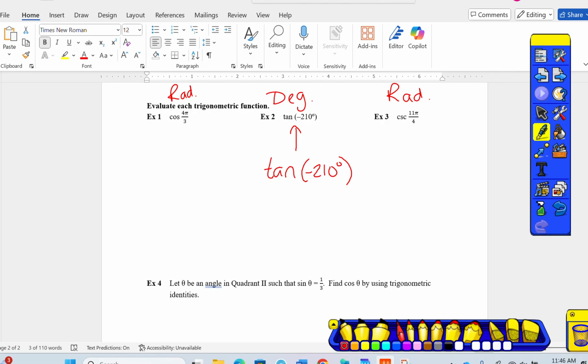Okay, non-CASs, we just have to figure out what quadrant we're in. So 4 pi over 3, all the way over here. We'll go over these in a minute and let everybody work on it.